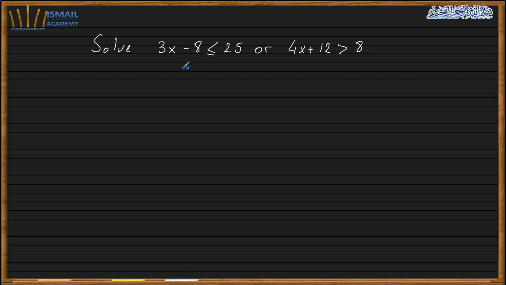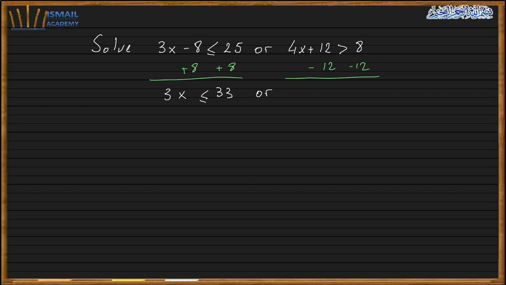So here I add, so you get 3x is less than or equal to 33, or, and here what I do, I subtract.